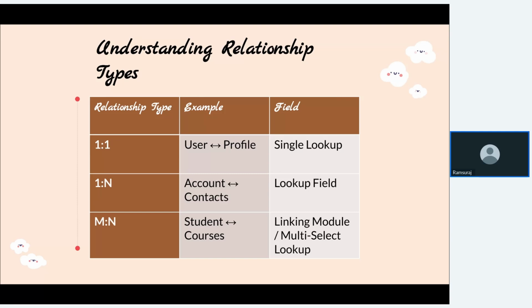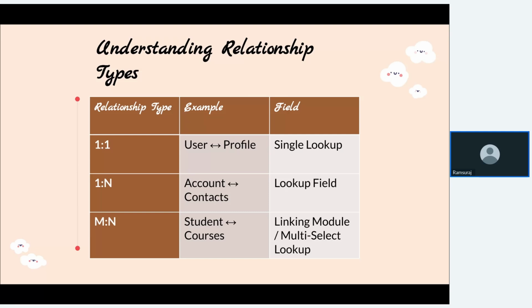So in the student module, if you create a multi-select lookup field that points to the course module, you can select multiple courses for a single student. So this supports a many-to-many type of relationship, without the need for a full linking module. You can take up many-to-many relationships using this.